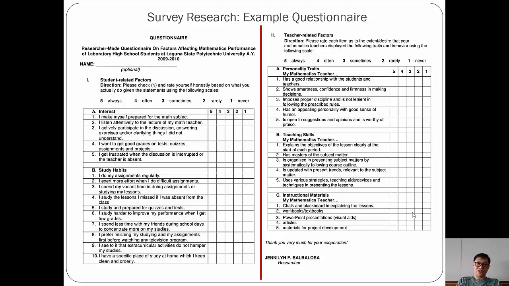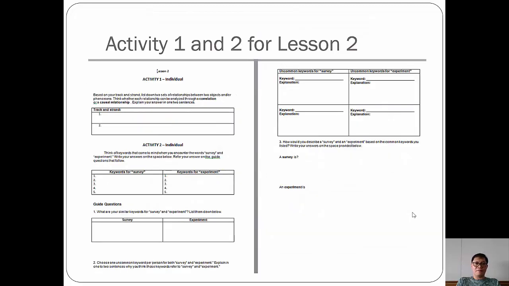Some questions, clarifications, reactions: post them as a question. You can throw me a question in the comment section. Now, I have activity 1 and activity 2 for lesson number 2.